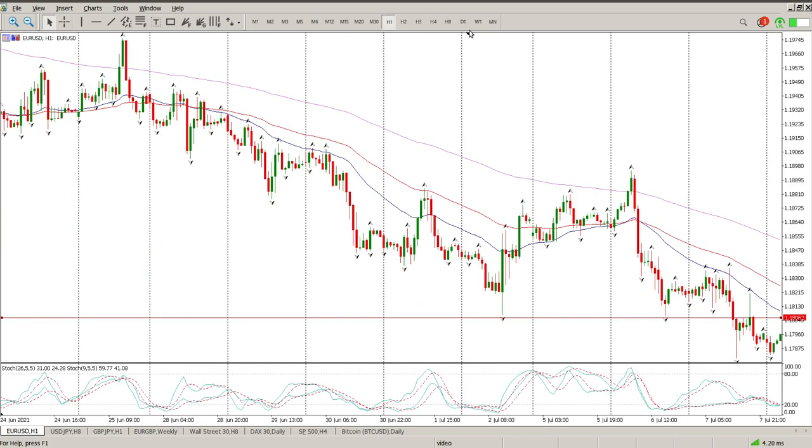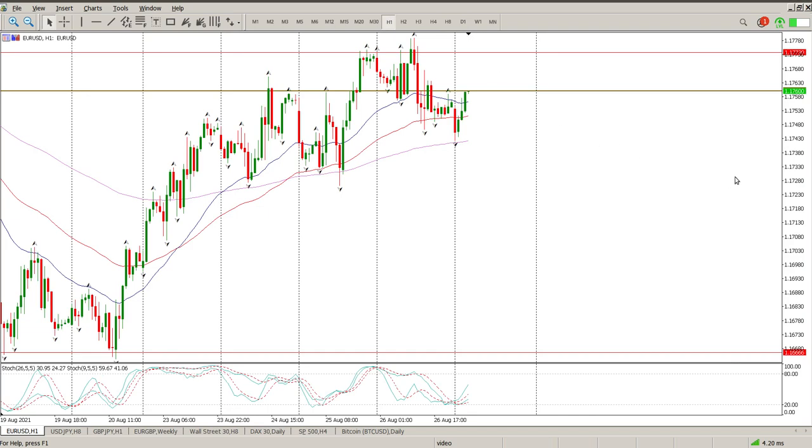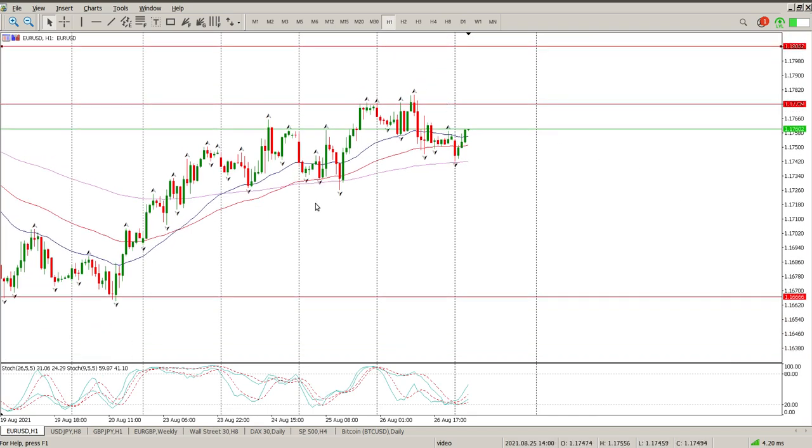So let's just look at the hour, pretty much the same as the indexes, to be honest. We rallied, then drifted lower yesterday, and now we're starting to drift higher again, with the oscillators also indicating that we are in oversold territory on the hour.